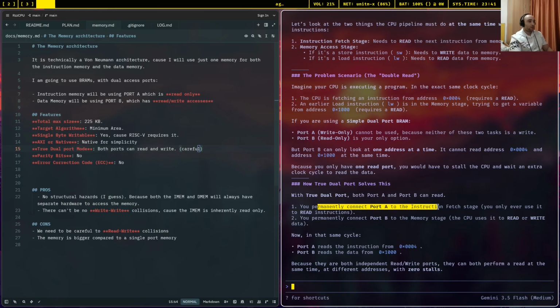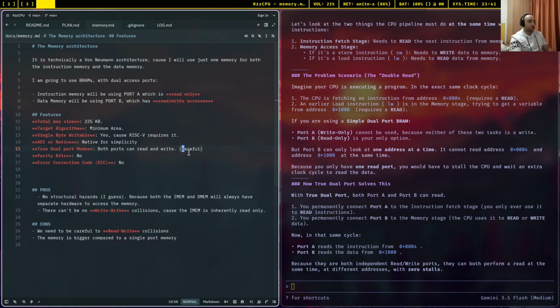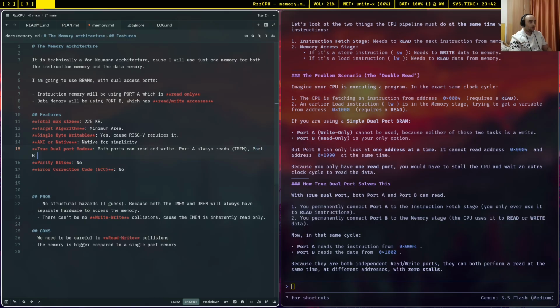You permanently connect port A to the instruction fetch stage, but you just use it to read, and you permanently connect port B to the memory stage. Port A always reads the instructions, while port B can do both for the data.